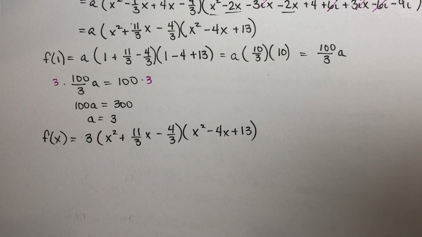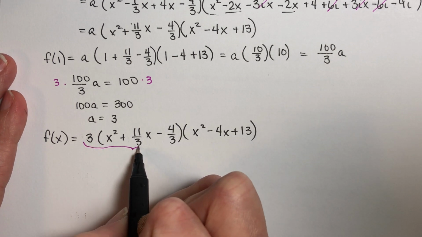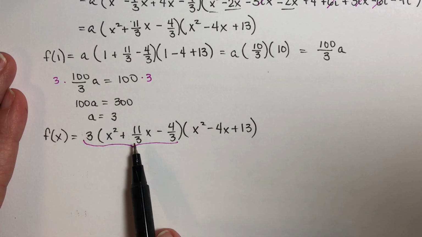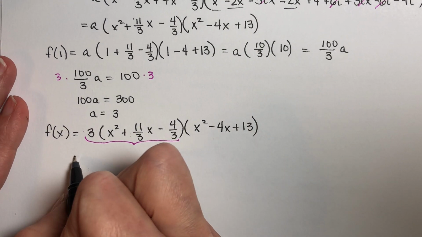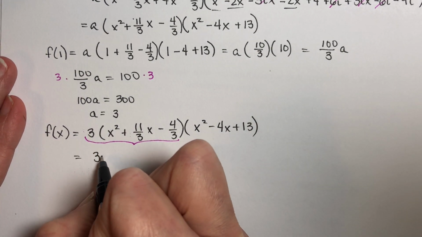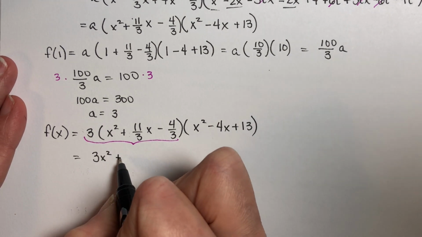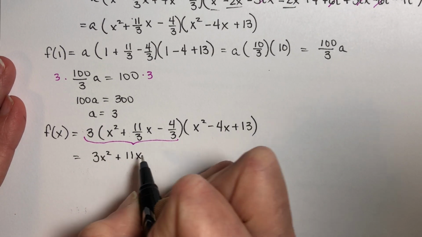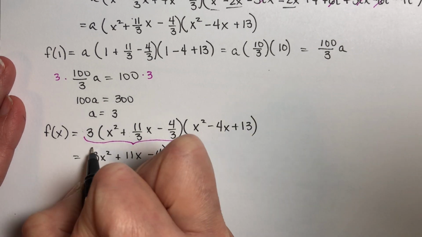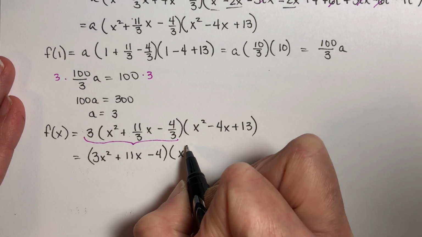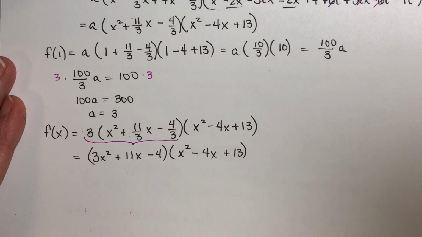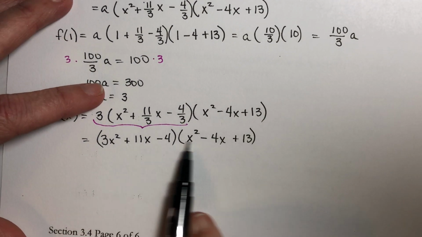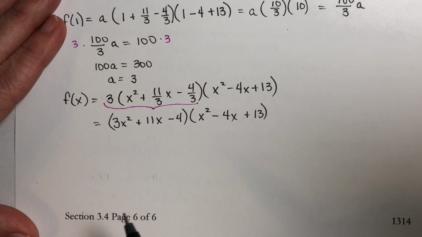So I can choose any 2 of those 3 things to multiply together first, and I'm going to multiply these because this 3 is going to kill these 2 fractions. So when I distribute that 3, I get 3x squared plus 11x minus 4. Now I need to multiply this times x squared minus 4x plus 13.